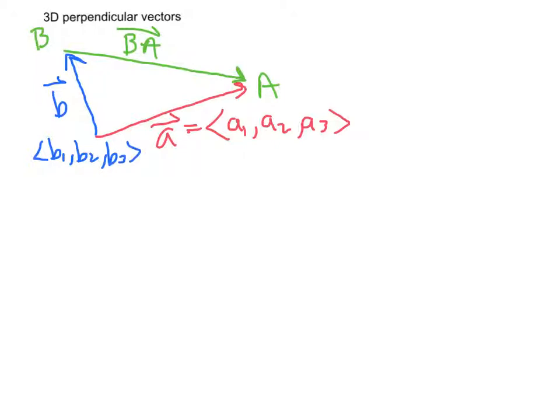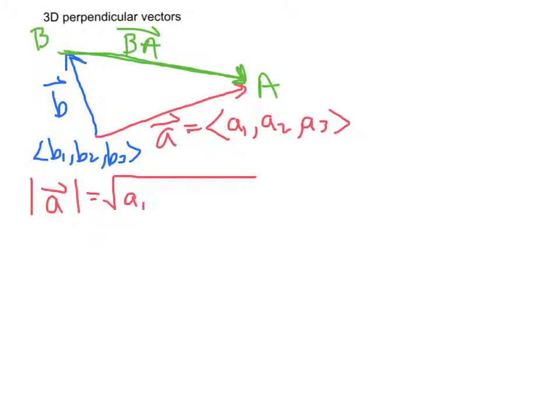And so that means vector BA here, this green vector, well, we'll come back to that in just a second, but we want to find the magnitude of A, B, and the green vector. So the magnitude of A is the length of A, and the way we do that is just like we do in 2 dimensions. We use the distance formula or the Pythagorean Theorem, however you want to look at it.